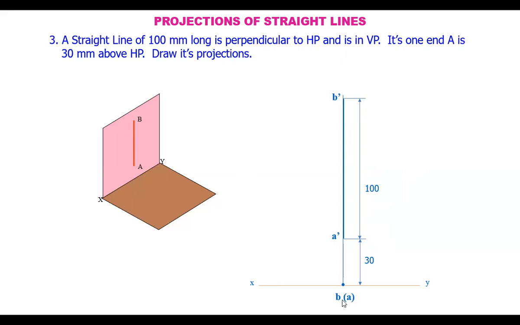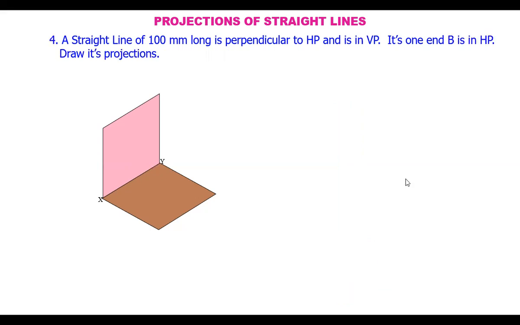So B is kept here, and A in brackets because it is away from the observer and not visible. Both A and B coincide here, but A is not visible. That's why it is kept in brackets.